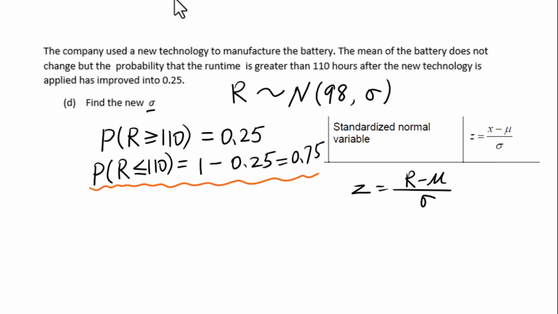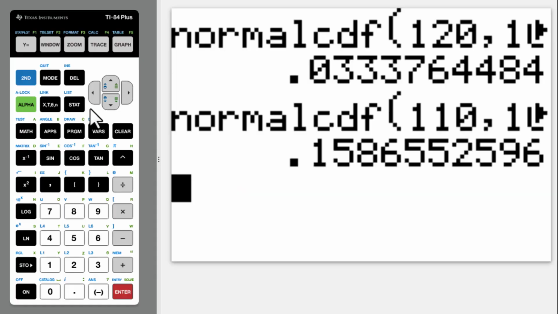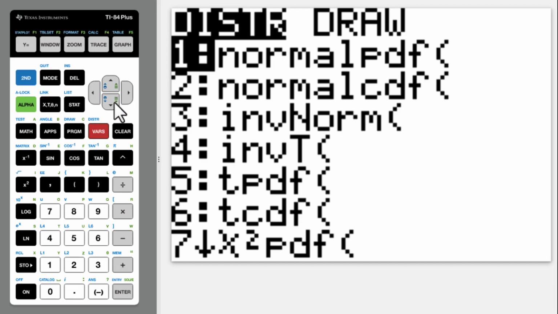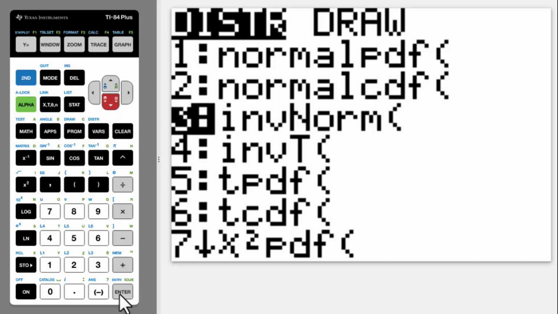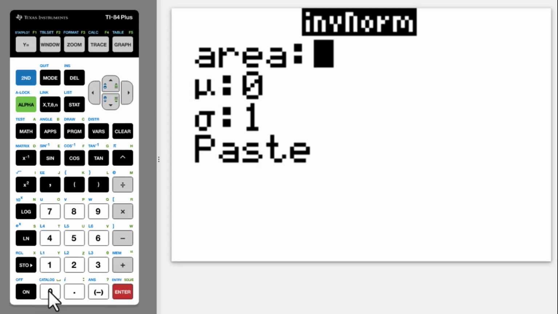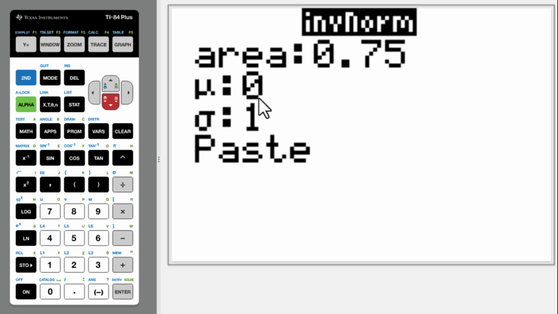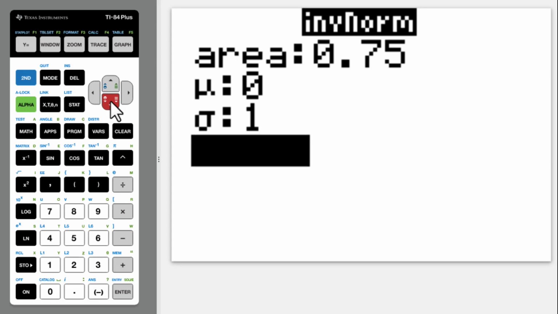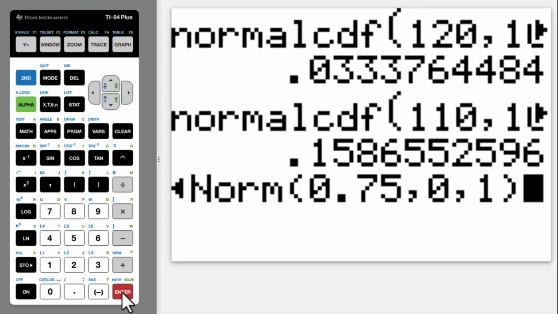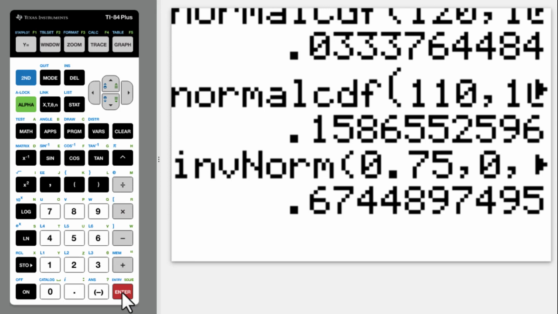For this probability, we need to figure out the z-score. Go to calculator, second variable, inverse norm. Area is 0.75. Mean is 0. Sigma is 1.